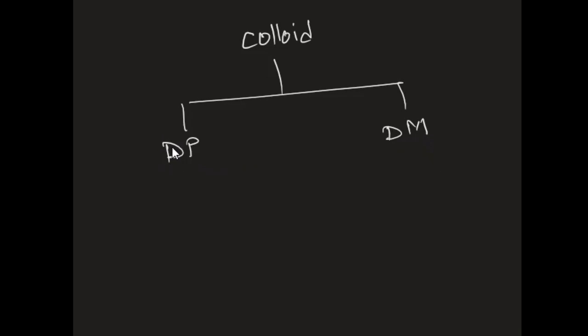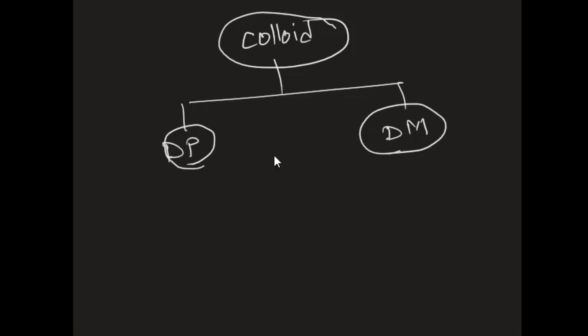So this colloid can be classified based on these two. One is classification based on the physical state of the dispersed phase and dispersion medium. So classification based on physical state. Okay, so based on these physical states, we can classify colloids.